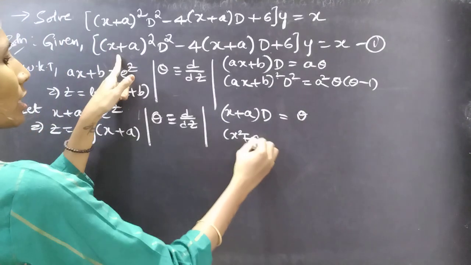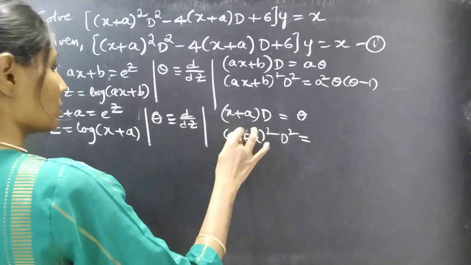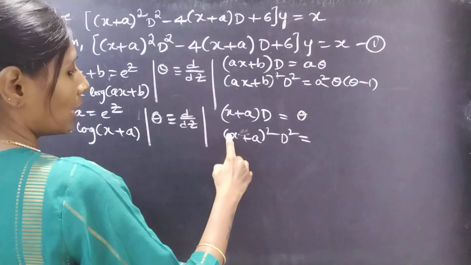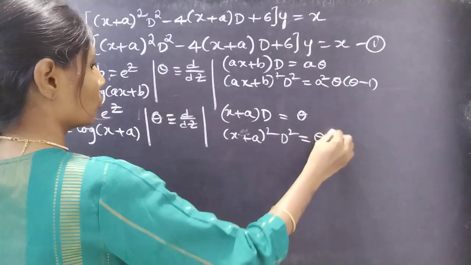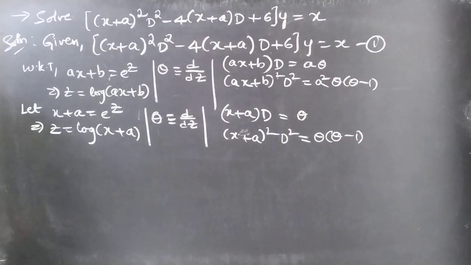And (x + a)² D² can be replaced by the coefficient of x is 1, squared is 1, into, since we are having square, you'll get two terms, θ(θ − 1).